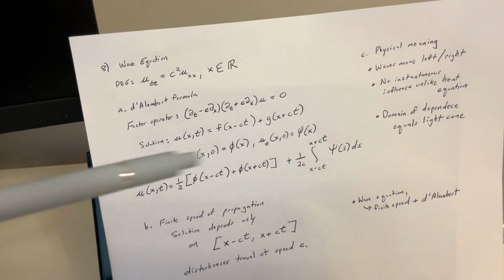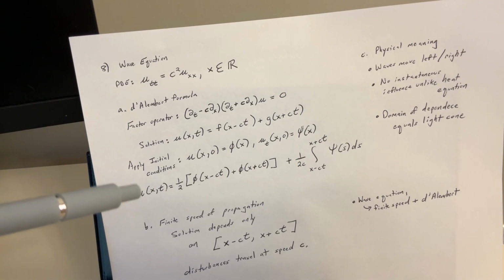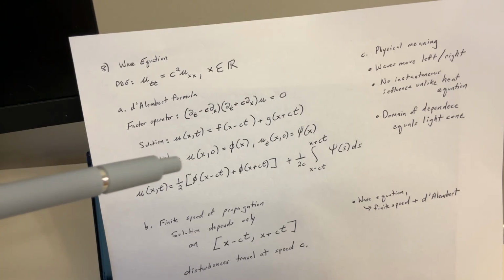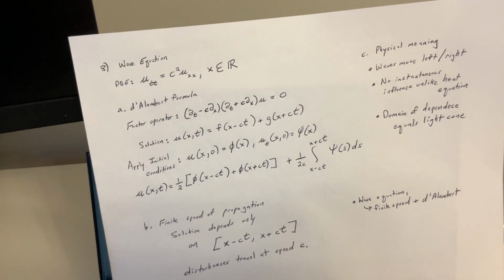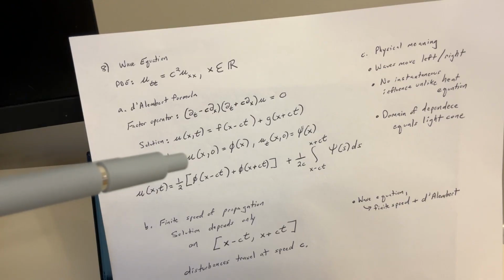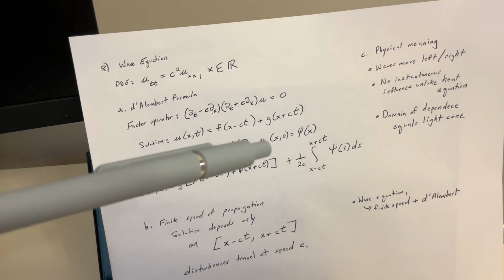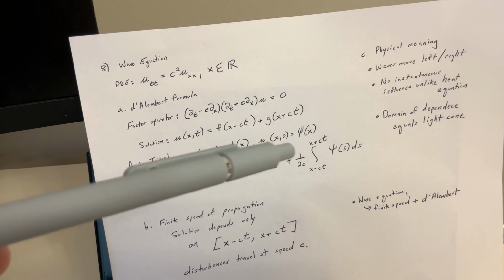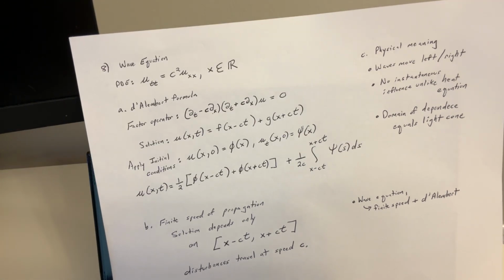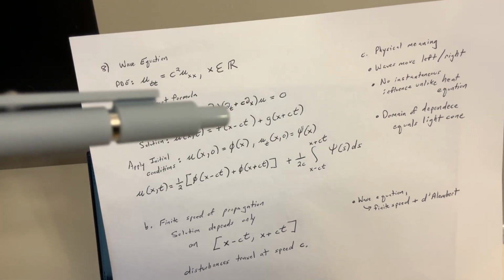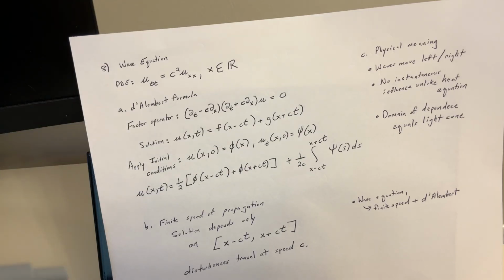Now, here's our solution, okay? We want to apply initial conditions. We substitute the initial conditions from the previous page. u(x, 0) equals phi(x), u_t(x, 0) equals psi(x).